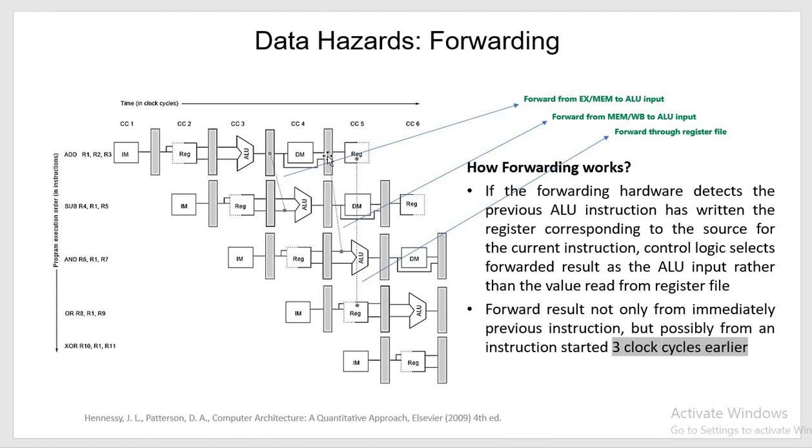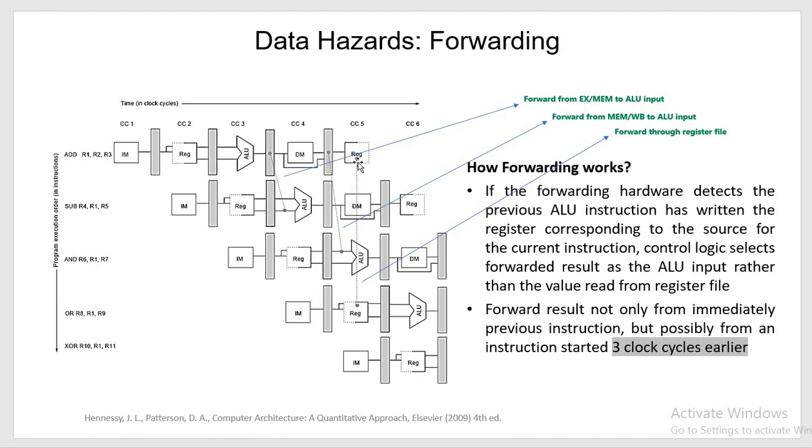From there the data forwarding hardware will directly supply the R1 operand to the ALU for the third instruction. Okay, so the data hazard will again be avoided with the help of data forwarding. It will bypass this stage and directly supply the data to the ALU.